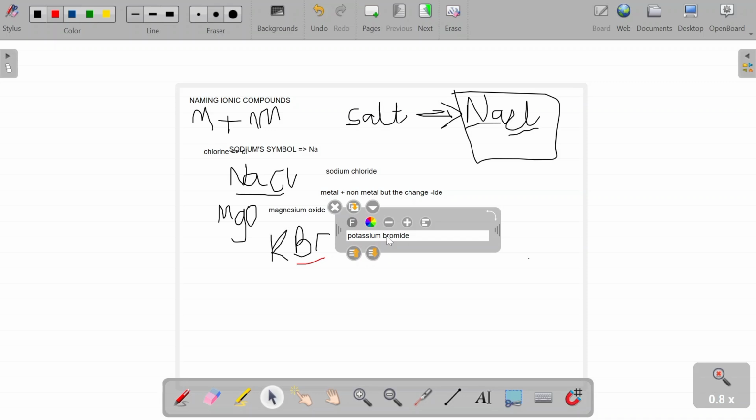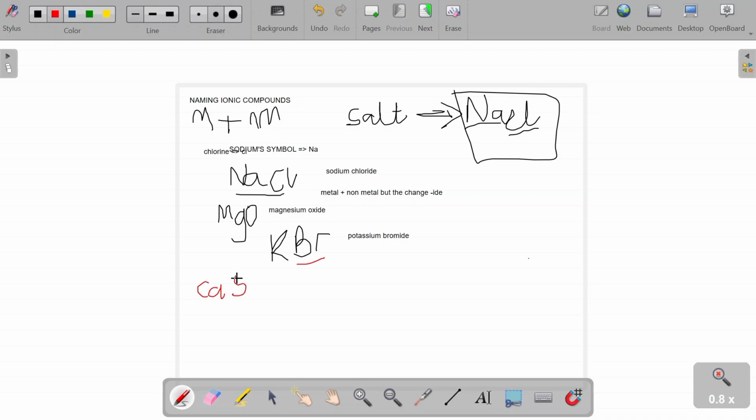We'll give you a couple of questions to answer before we move on to naming of covalent compounds. So just try to do this in your free time. Try to name this: CaS.